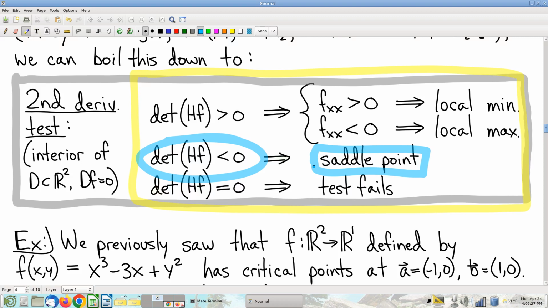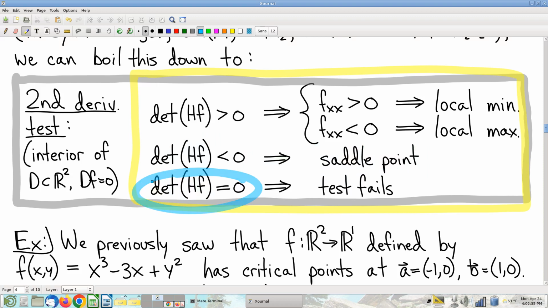No comment. But if that Hessian determinant is negative, it's definitely a saddle point. Then there's a third possibility, which is your Hessian determinant could be 0. And if that happens, the test fails. We throw up our hands. We have no idea. We cannot classify such points with the second derivative test. Okay, so make sure to know these rules.